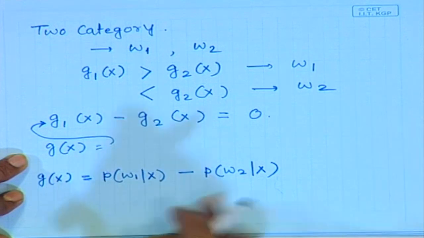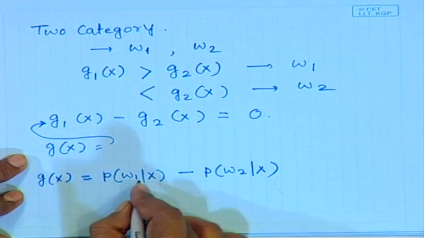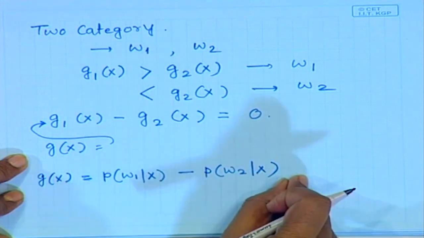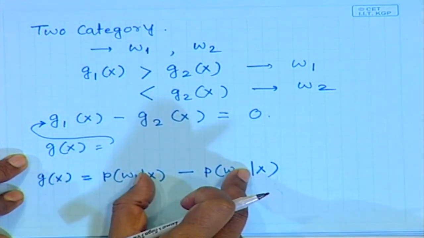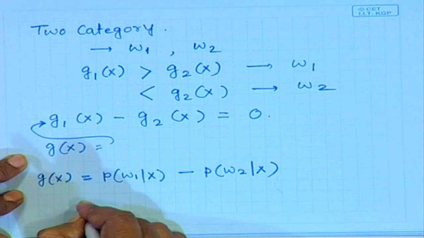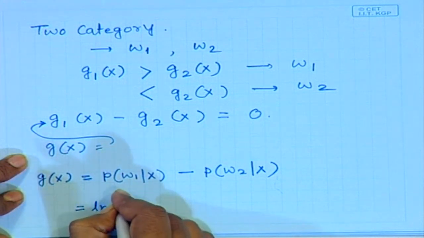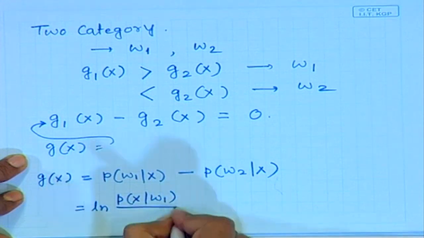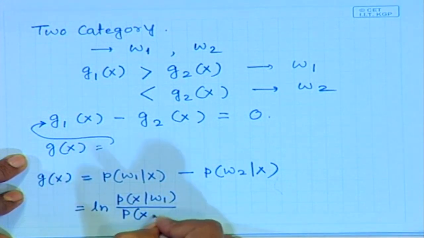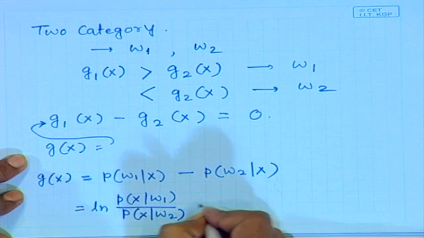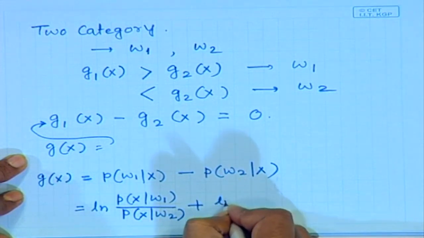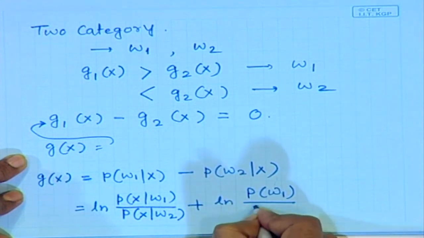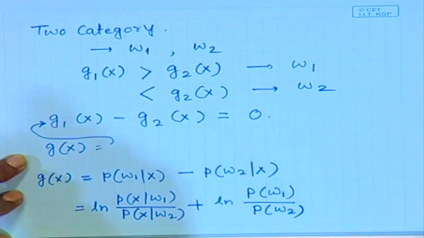Expanding this in terms of a priori probability and class conditional probability, it is written as ln of p of x given omega 1 upon p of x given omega 2, plus ln of p of omega 1 upon p of omega 2.